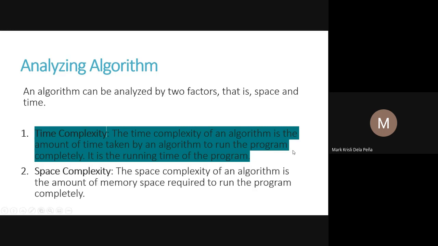Then the other one is the space complexity. The space complexity of an algorithm is the amount of memory space required to run a program completely. The space complexity of an algorithm also depends on the input size. For this lecture, we will be dealing more with the time complexity, which was highlighted.